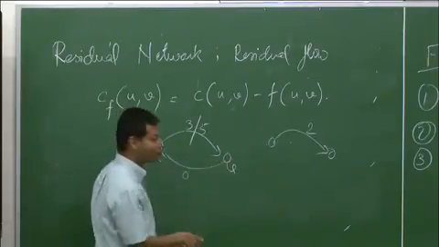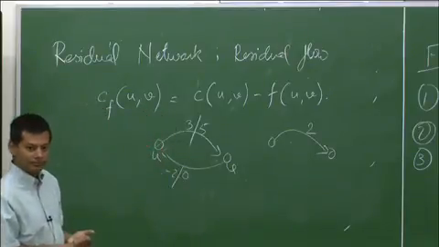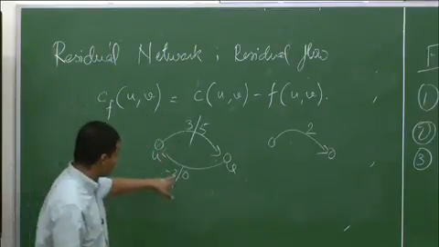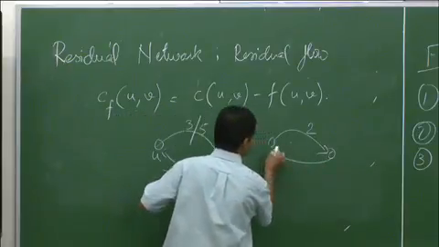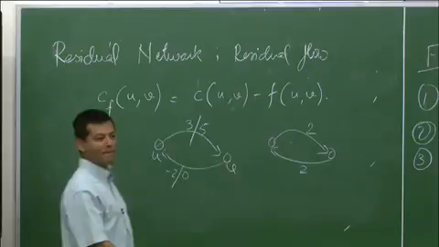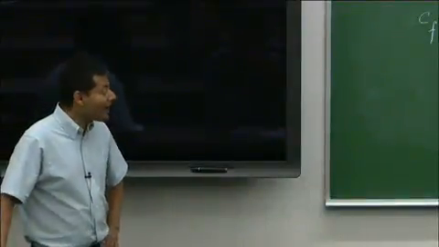A flow, because of skew symmetry, of -2, which essentially says 0 minus -2 is a 2. That on the right side is the residual network, assuming that I have done this for every pair.